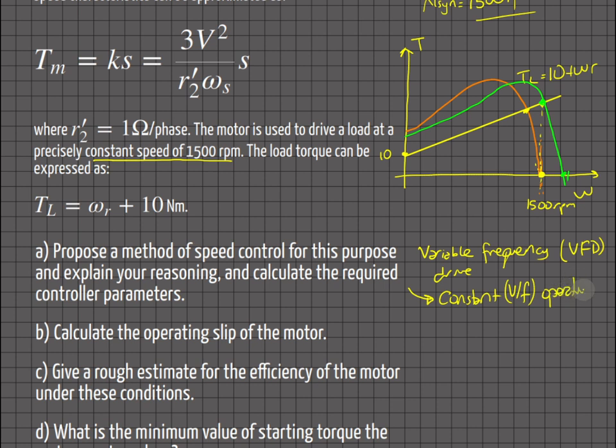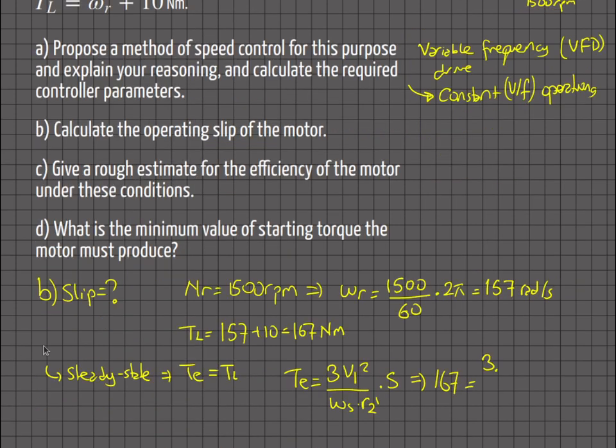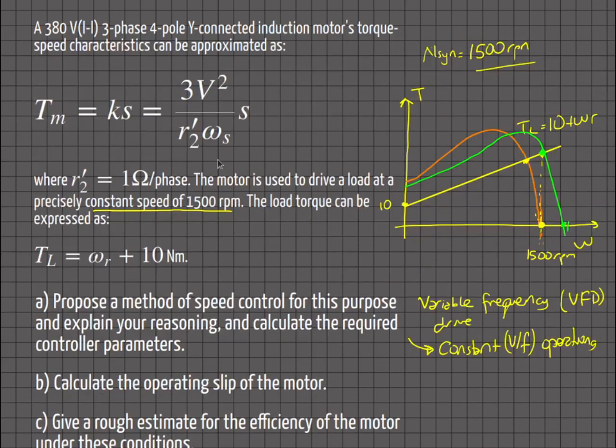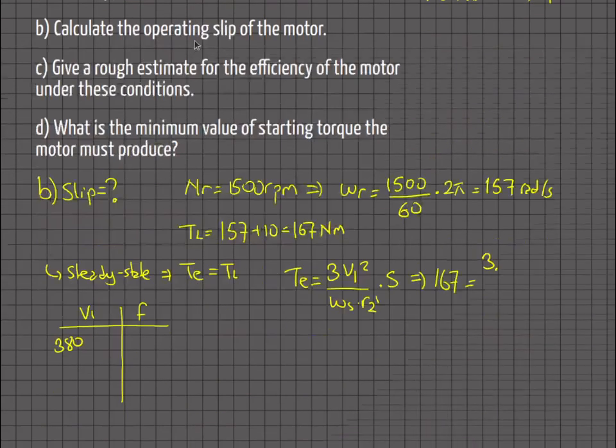So I want to increase the voltage linearly with frequency, but I don't know yet the frequency of the state, but I can actually calculate. So let me draw a table here. So I know the V1 at frequency. So I am applying 380 volts, but that is line to line in a Y connected machine.